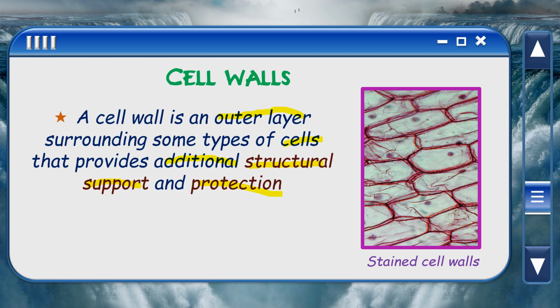If you look at our stained cell wall, you can see the cell wall there. Those structures surrounding the cells are the outer layers which provide additional structural support and protection. They are what we refer to as the cell wall.